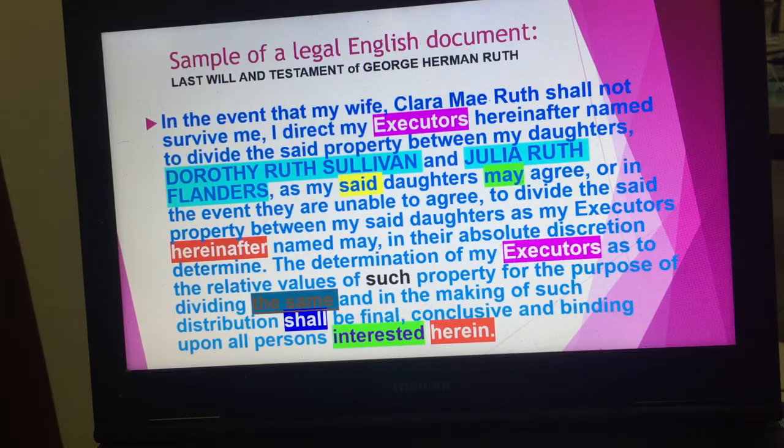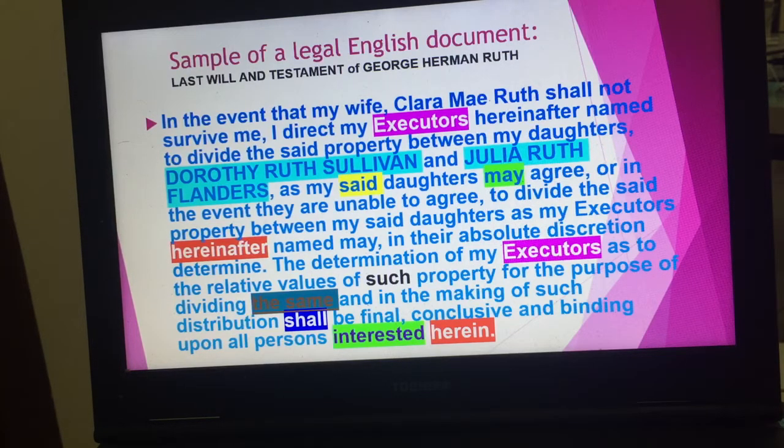And binding means obligatory. Everybody should stick to it. Binding upon all persons, it is obligatory upon all the people involved, interested, herein, in this document. Herein means in this document. The word here means this document, as I said earlier. These are the elements that are mentioned.